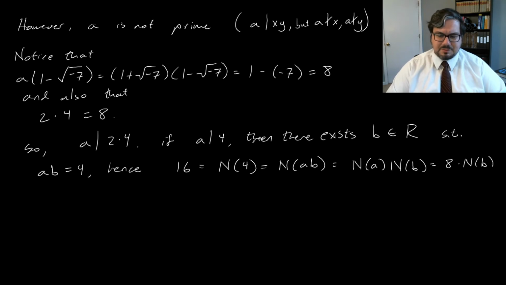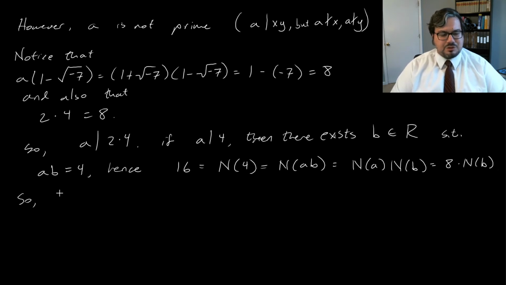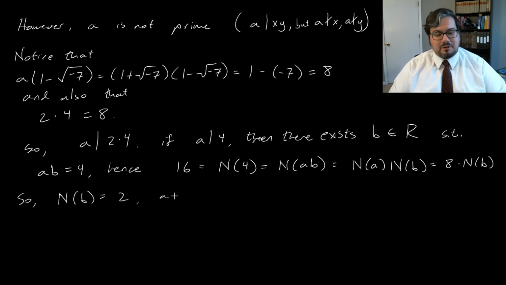So we'd have 8 times the norm of B. So that means that the norm of B would have to be equal to 2, which we've already seen is a contradiction.